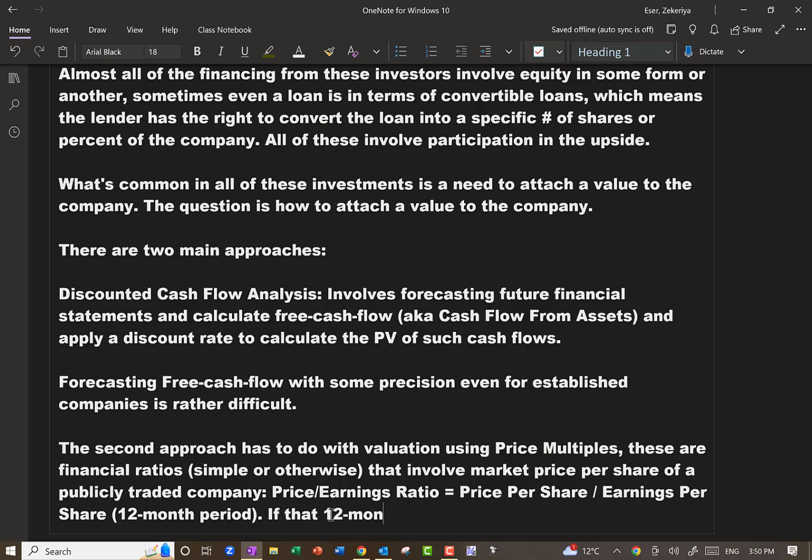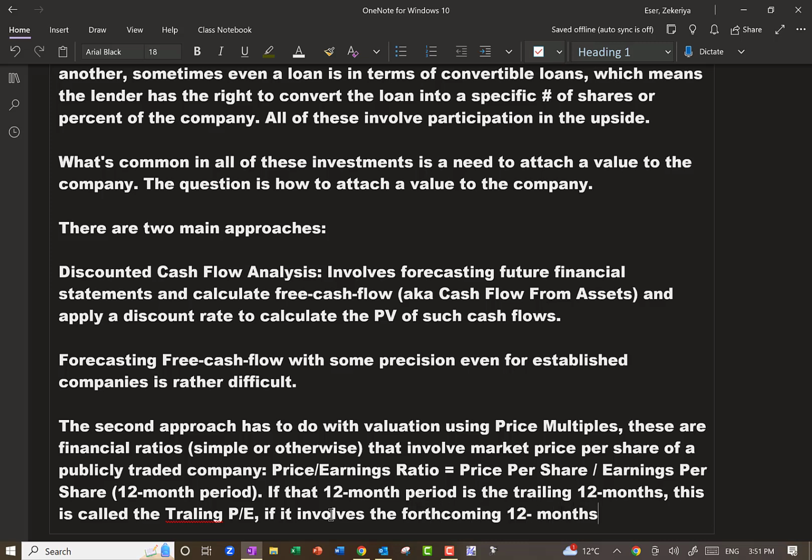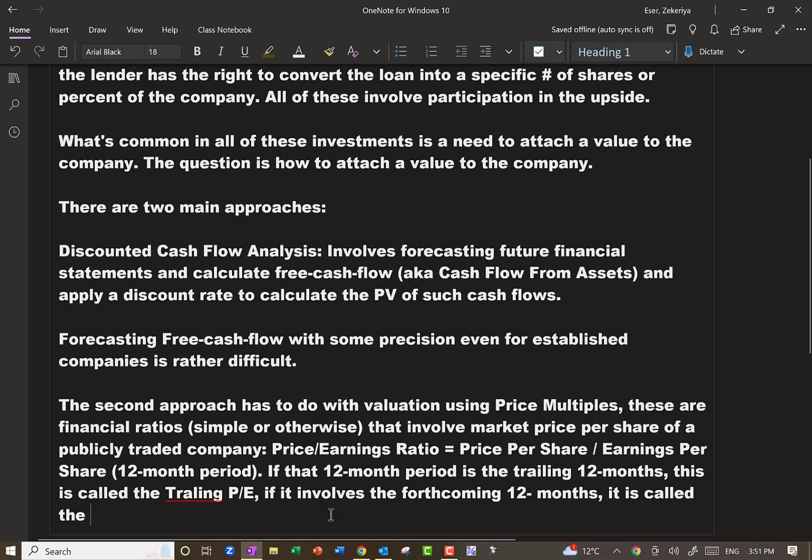If that 12-month period is the trailing 12 months, this is called the trailing PE. If it involves the forthcoming 12 months, it is called the forward PE.